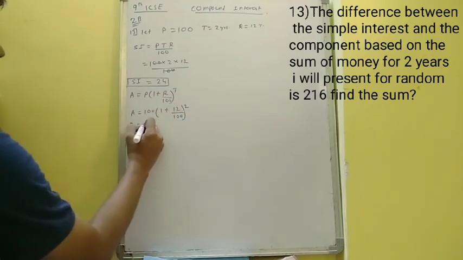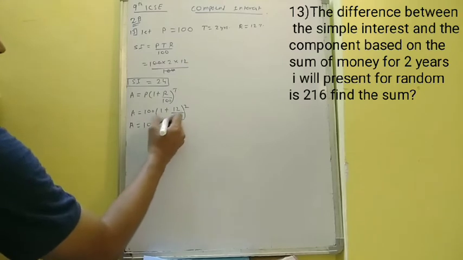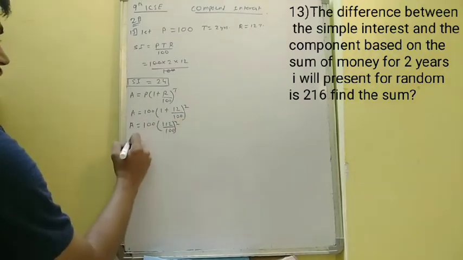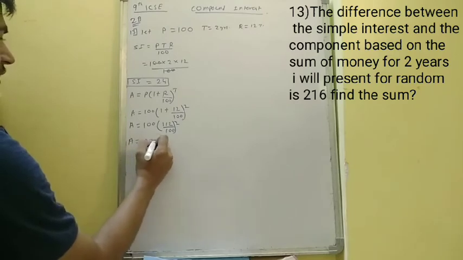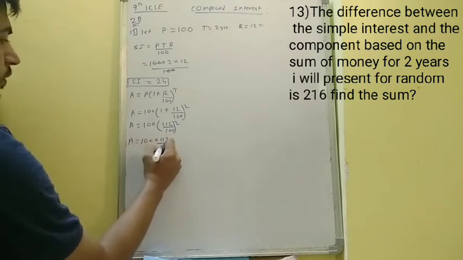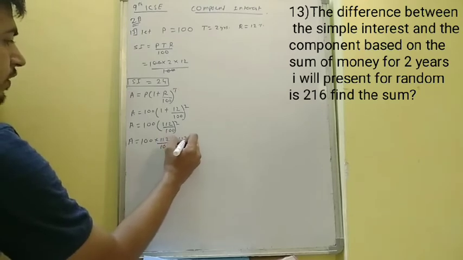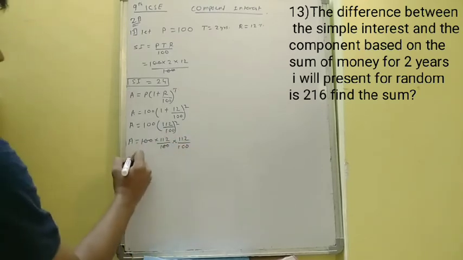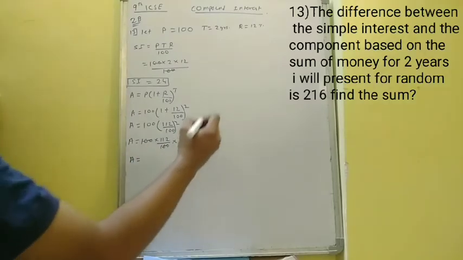So the amount is 100 into 112 upon 100 raised to 2, that is 100 into 112 upon 100 into 112 upon 100. 100 cancels. So the amount is 112 into 112.